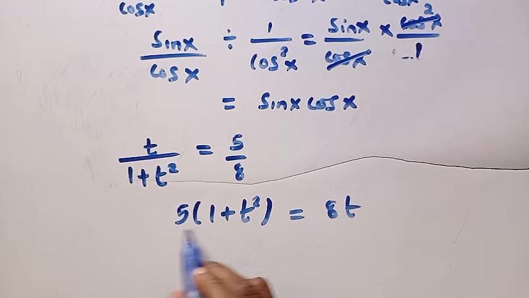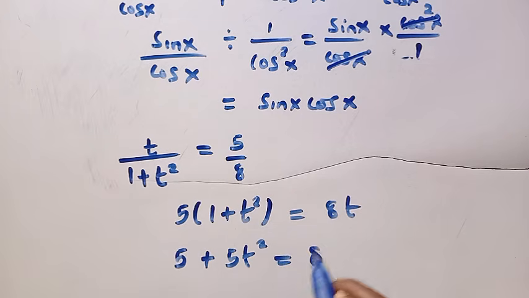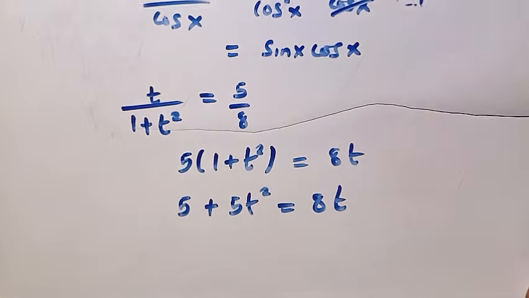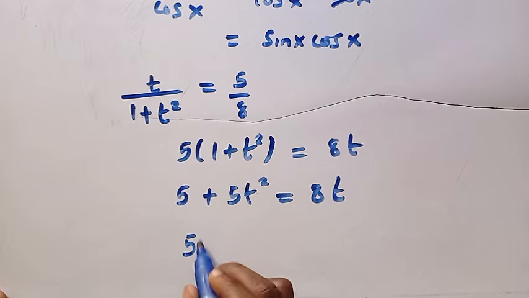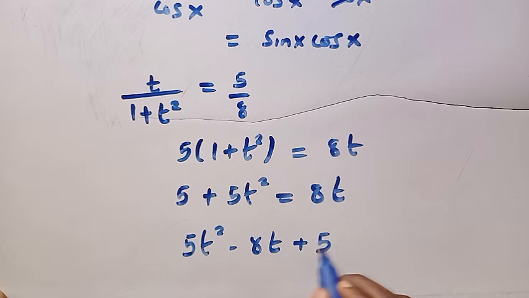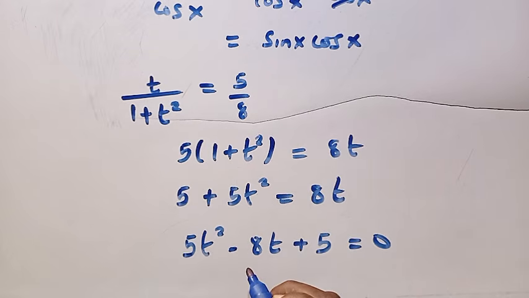Multiplying this out, we have 5 plus 5t squared equals 8t. By taking 8t to this side, we have 5t squared minus 8t plus 5 equals 0. So this is what we have as a quadratic equation. Let's try to find the value of t here.